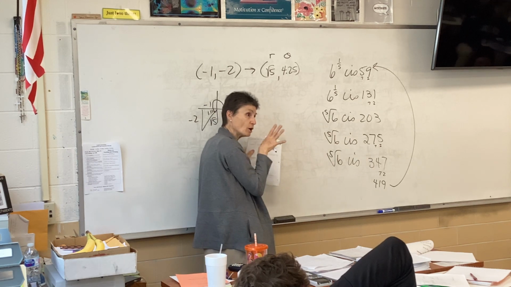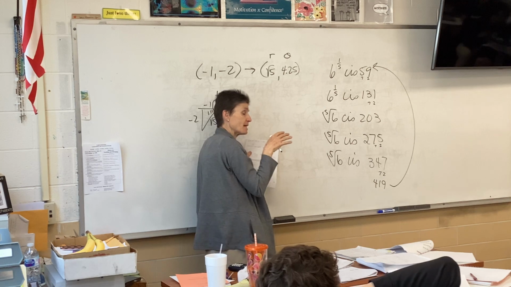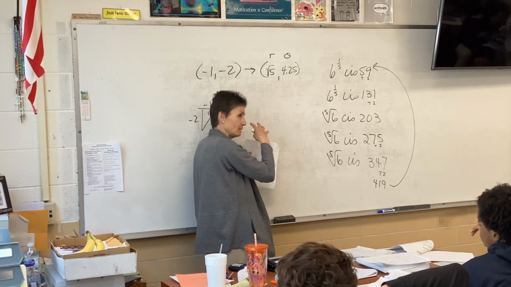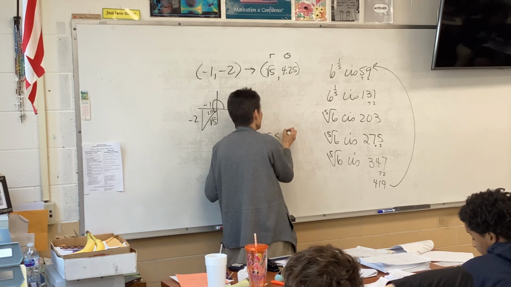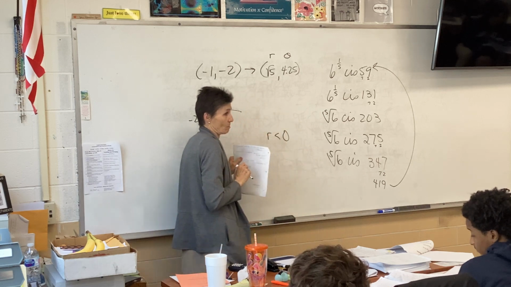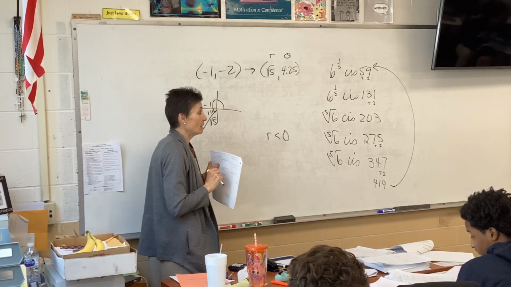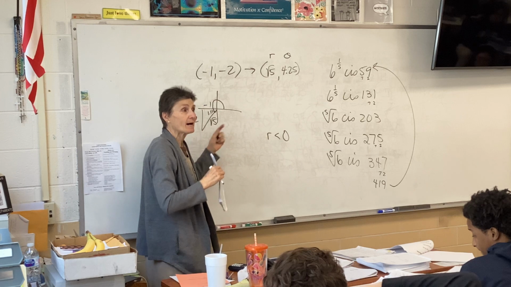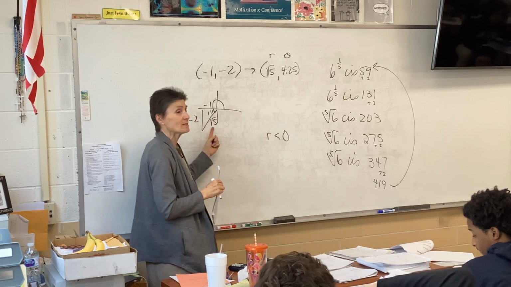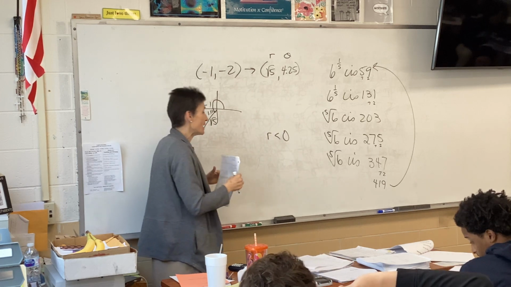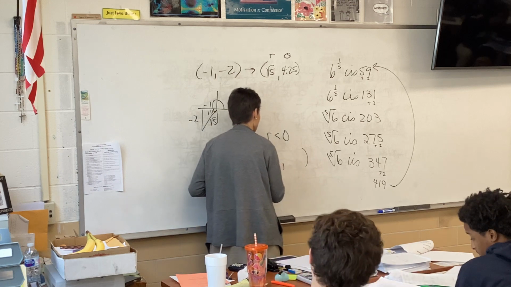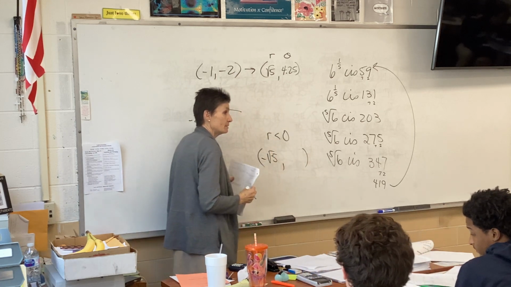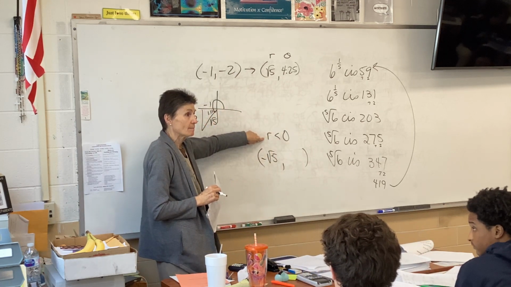Okay, it is, good. But sometimes they give me the exact same problem, but they'll say something like, let r be less than 0. Well, r is never gonna come out less than 0. It's always gonna come out positive. Then you're gonna have to artificially make it negative, if that's what it says.